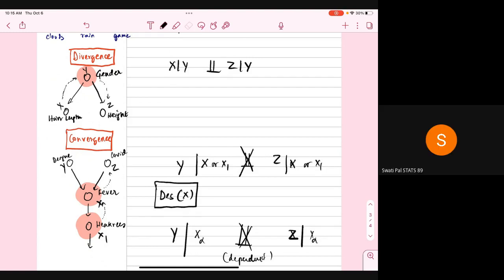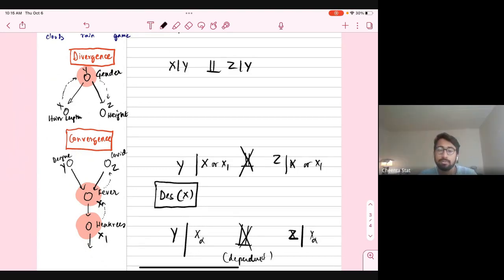Can you explain once again how they are dependent? The idea is that you know fever has happened. Since you know fever has happened, the chance that dengue has not happened increases the probability that COVID has happened.